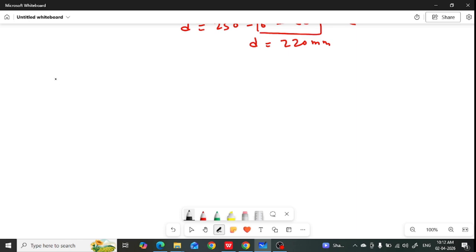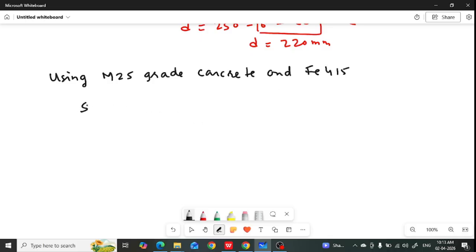First we have to write what material we are using: M25 grade concrete and Fe415 steel. So you have to refer to SP16 table number 3.